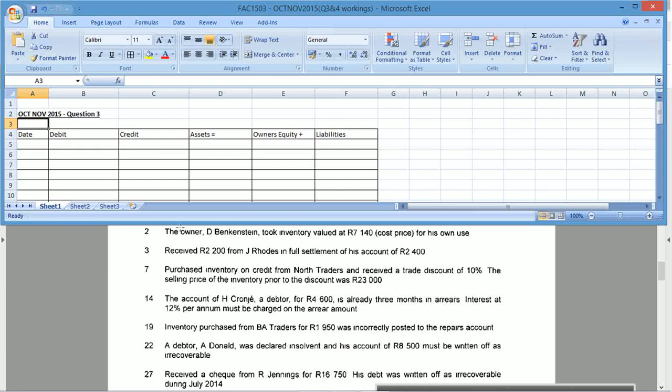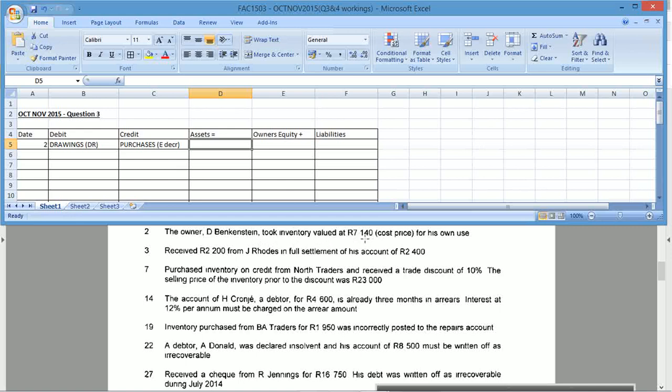Number 2. The owner, D, took inventory valued at that for his personal use. Easy one. On the second, owner takes, you should be thinking about drawings. Drawings is debited always. What did they take? Inventory, which is purchases, bracket expense, decrease. The owner is taking inventory.